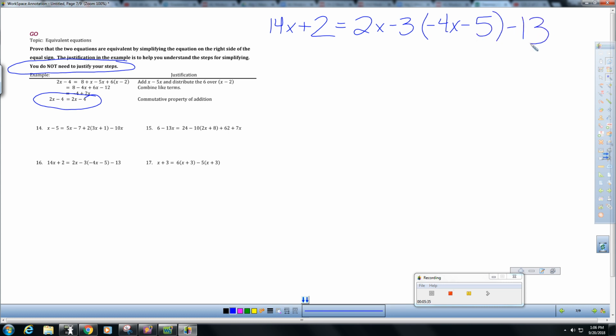Let's see if I can do one without making a mistake. I'm going to check to make sure I copied it down right, because I am committed to doing this one correctly. Alright, first let's distribute. Bring down the equal sign. 2x plus 12x plus 15 minus, don't fool me, 13.